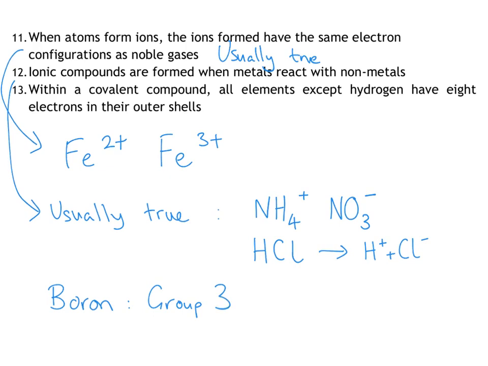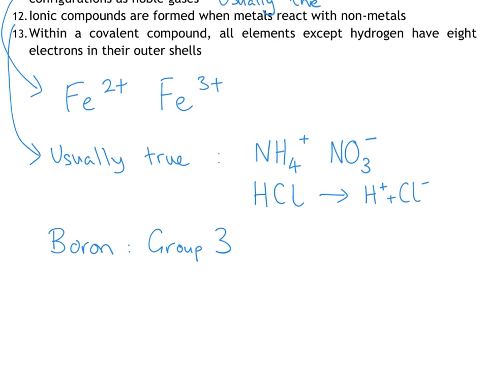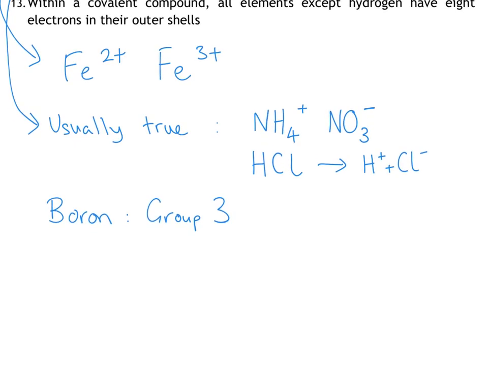So when boron reacts with other non-metals to make a covalent compound, such as, let's say, BF3, what would that look like? Well, boron has got 3 electrons. Fluorine is going to share 1 each because fluorine's in group 7.